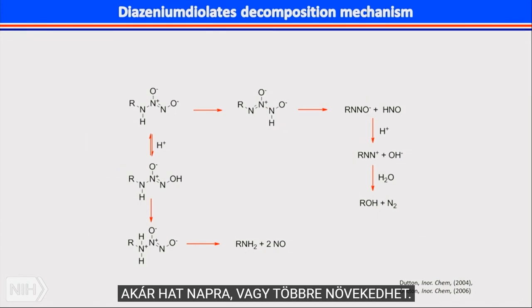So the primary amine diazeniumdiolates, as I mentioned, can release both NO or HNO. This is because this proton here can undergo a tautomerization reaction to shift to this, and then this molecule can decompose to produce HNO.